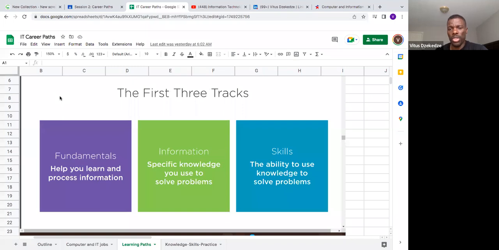So you have to brush up your skills. A secretary is always going to do what they're supposed to do, but things will also change in the office. They need to adapt. In computer science, the fundamentals will always remain the same, right? But you also need to be able to adapt to the new things that come up, the innovations that are being added. So your day at the office is not going to be the same every day.